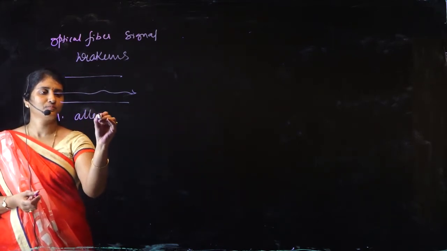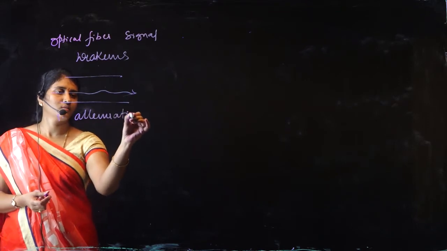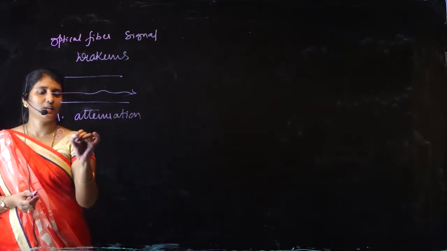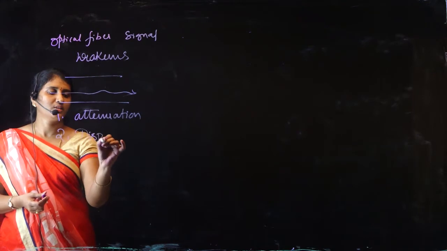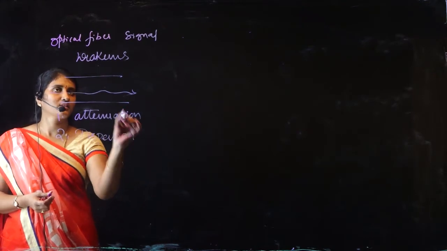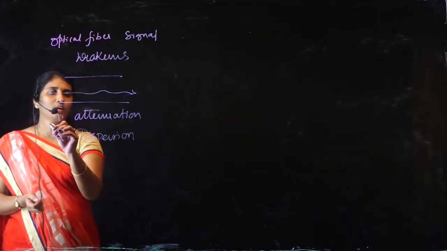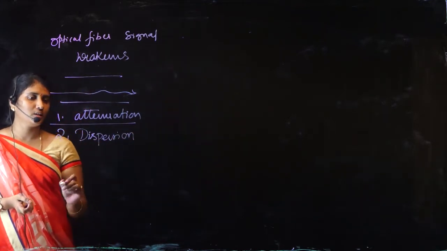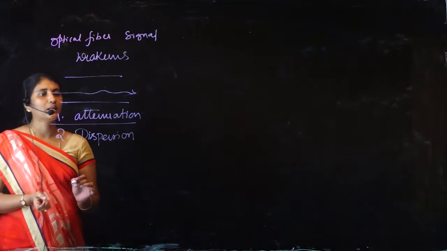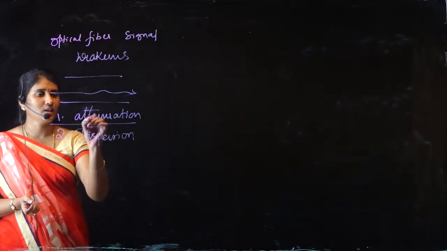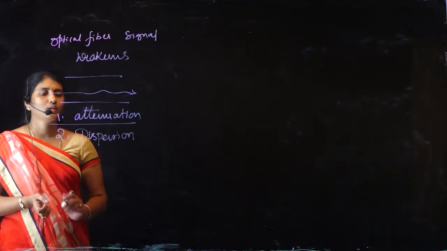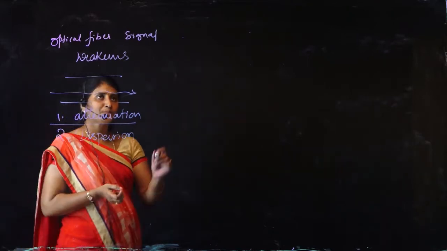One is attenuation, the second one is dispersion. These are the two main factors for signal distortion in the optical fiber. Already we have learnt what attenuation is and what the different factors causing it are, and now we are going to discuss dispersion.